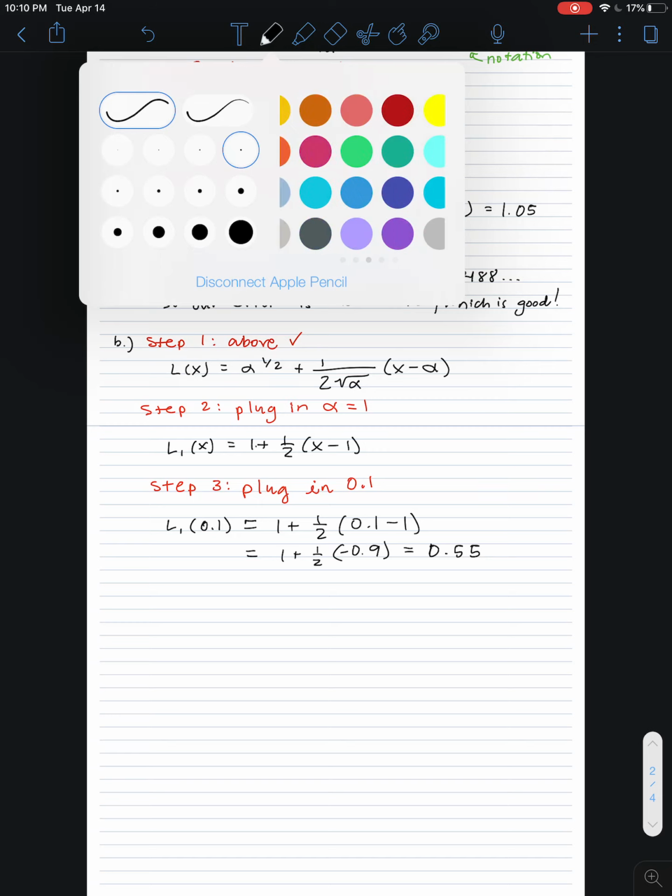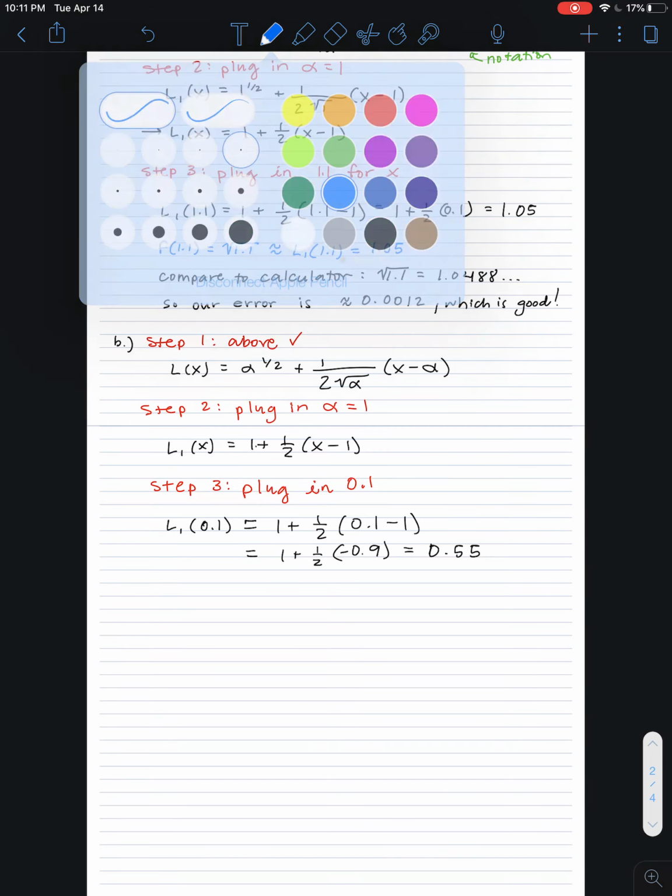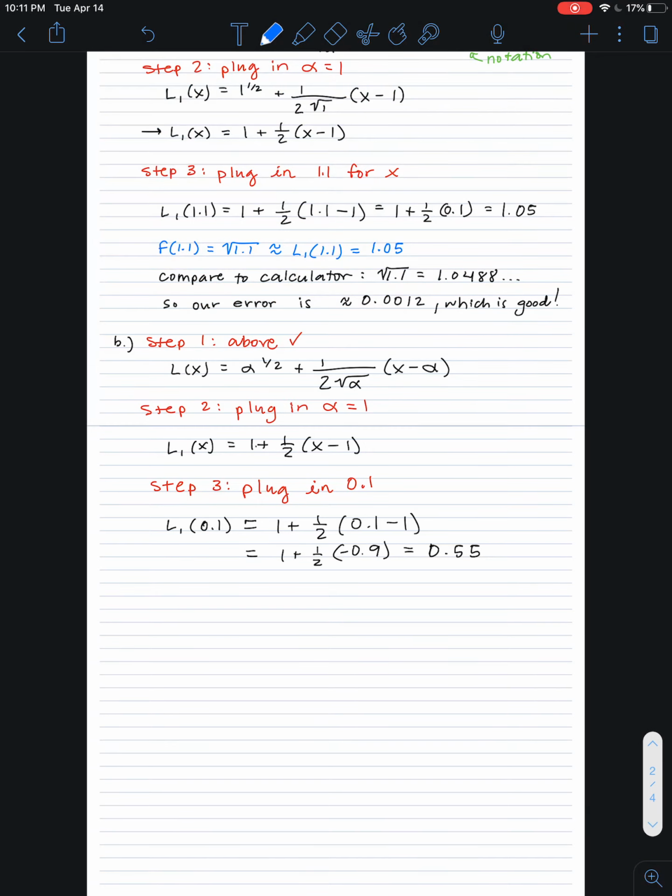Okay, so using this, our answer would be that f of 0.1, which is equal to the square root of 0.1, is approximately equal to L sub 1 of 0.1, which is 0.55.